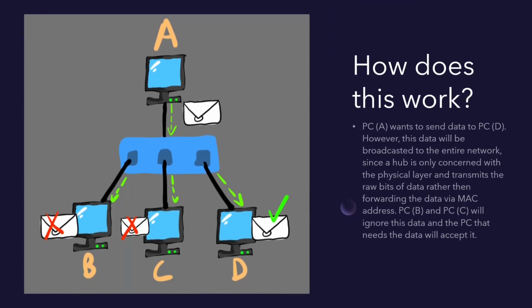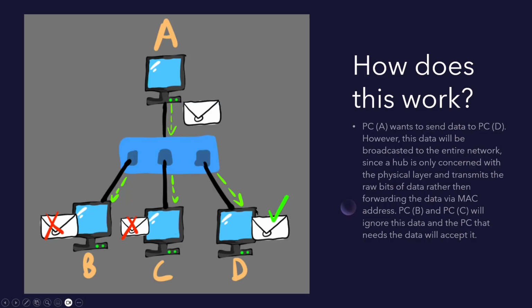So how does this work? We have 4 computers connected to this hub, okay? And computer A wants to send a message to computer D. If computer A wants to send this message, it will send it to the hub.